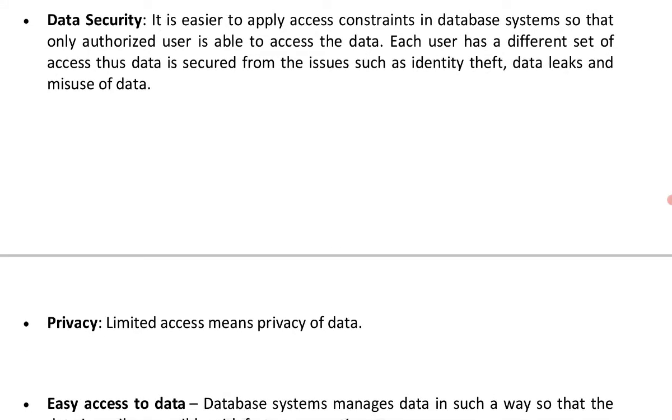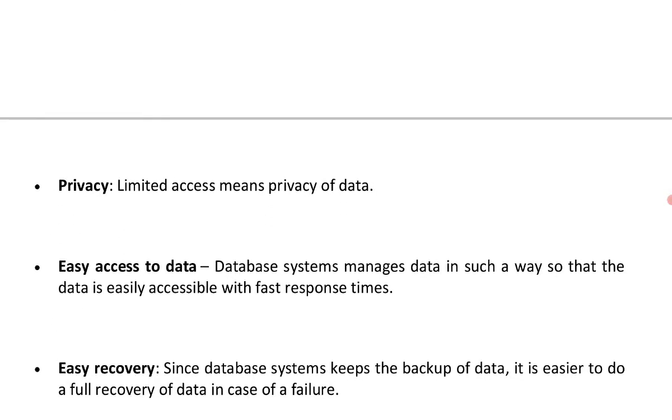And data security means in DBMS we may have various security options, like maintaining various levels of users: DBA means database administrators, top level users, bottom level users and users. So security is another important feature of any DBMS.